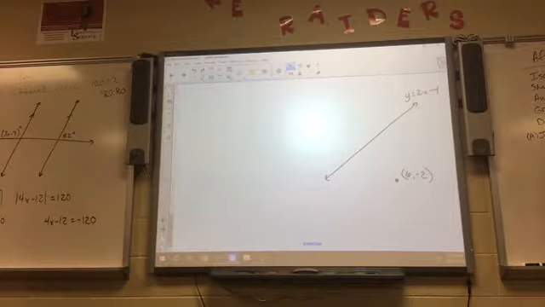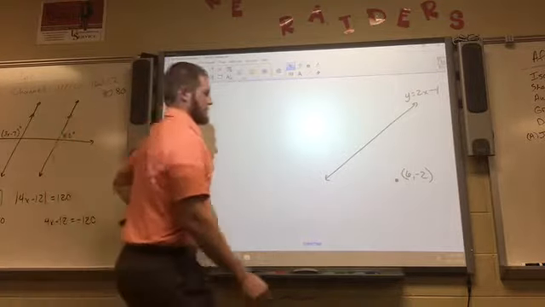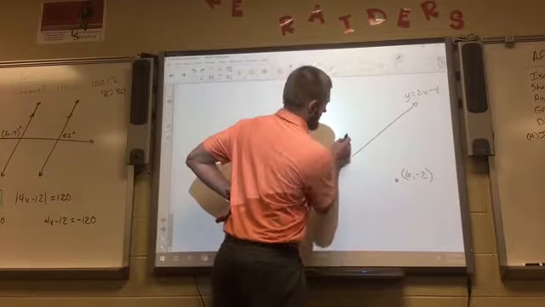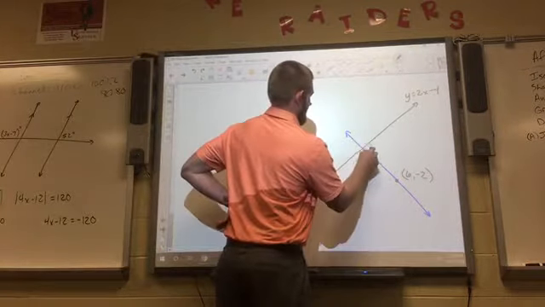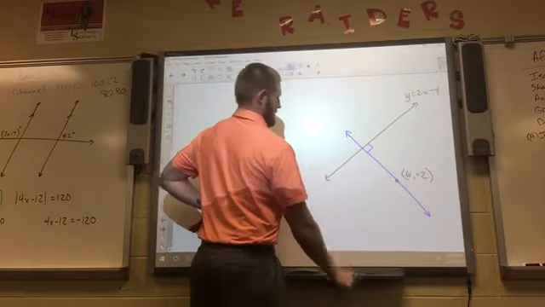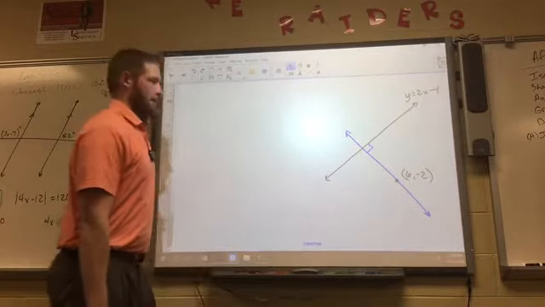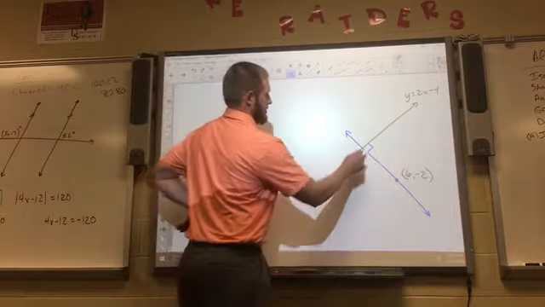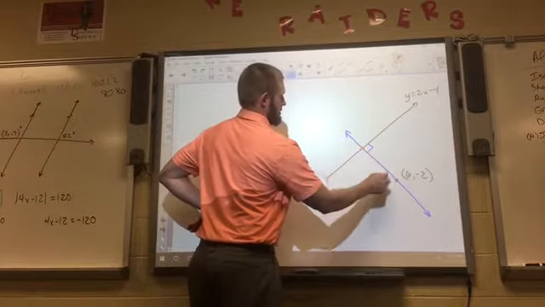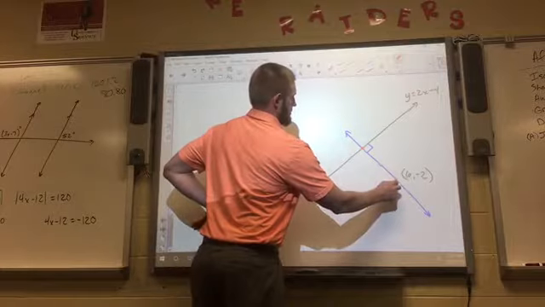A line. Our other line. And when I draw it, it has to be perpendicular here. And what we have to do to be able to find this distance is we have to come up with this other coordinate point so we can do the distance formula, right?